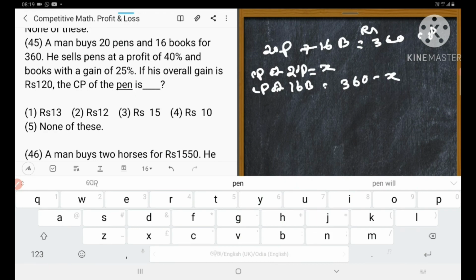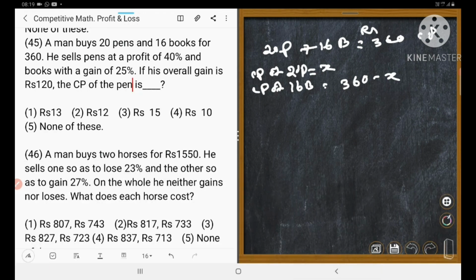So here, as per the question, 40% of X plus 25% of 360 minus X is equal to 120.